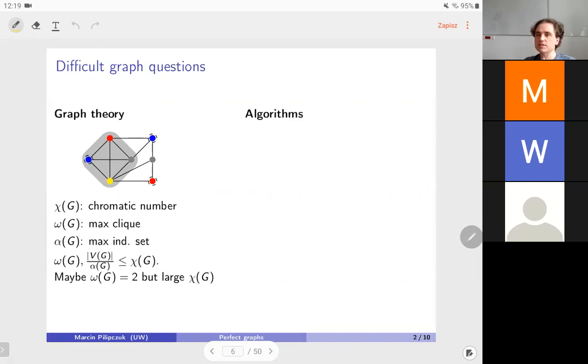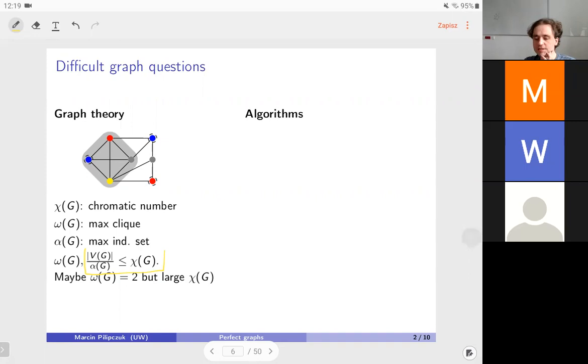And we had this trivial observation at some moment that the maximum clique is no larger than the chromatic number, because in a clique you need to color every vertex with a different color. But there's also a second observation: if you properly color a graph, then every color class is an independent set.